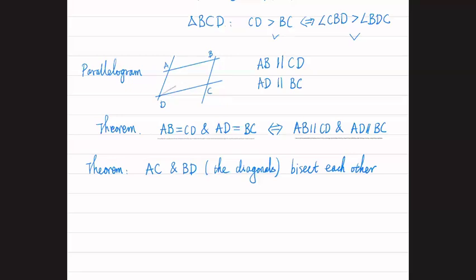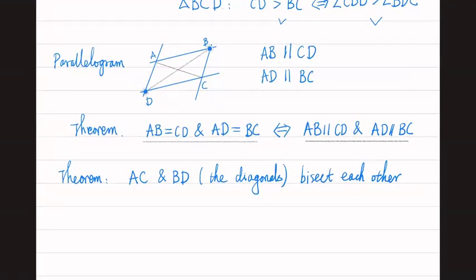If I connect, okay, so this means the two segments AO and OC same length, BO and OD same length, bisect each other.